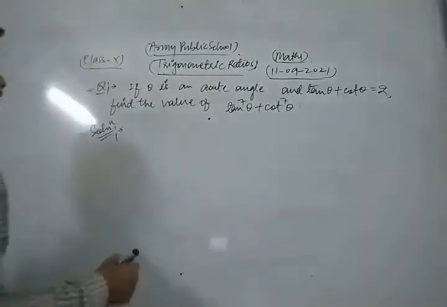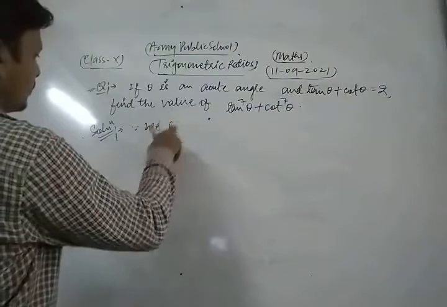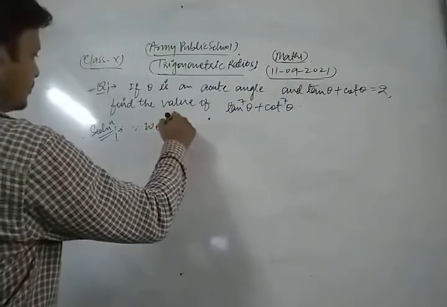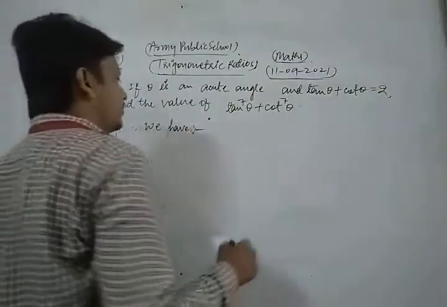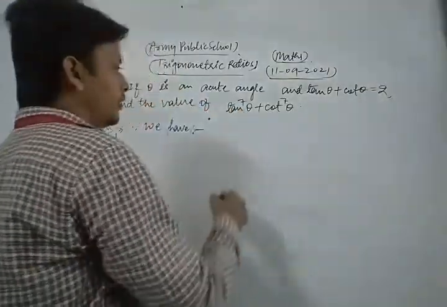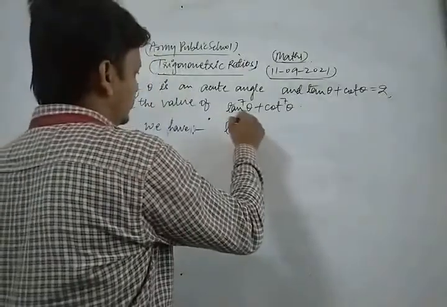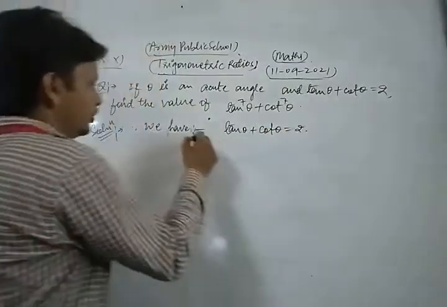Now look, we have tan theta plus cot theta is equal to 2.